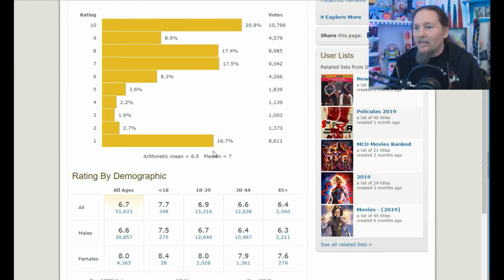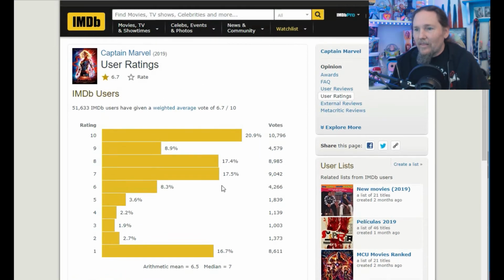So the IMDb rating, I think, is completely fake. I think there's got to be some kind of bots going on, something for the one, and it's a battle of the bots. That's what IMDb is.